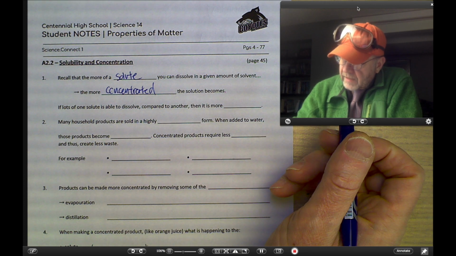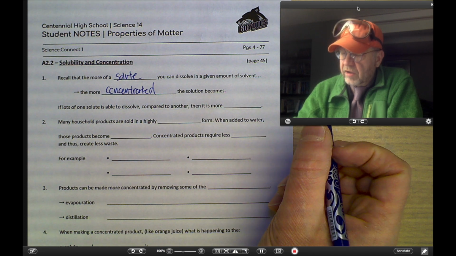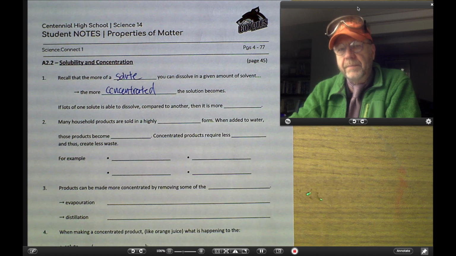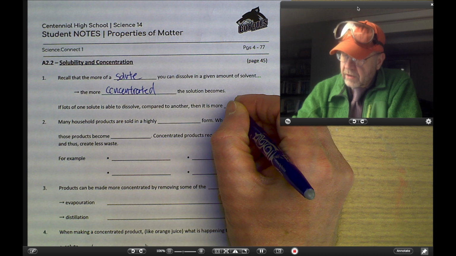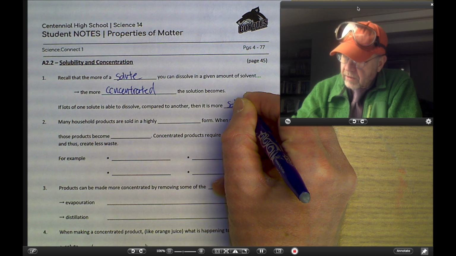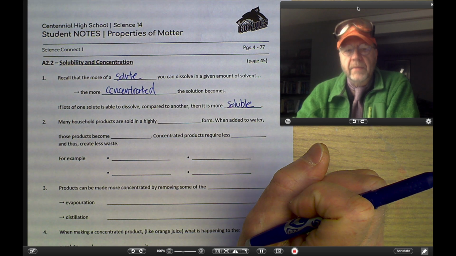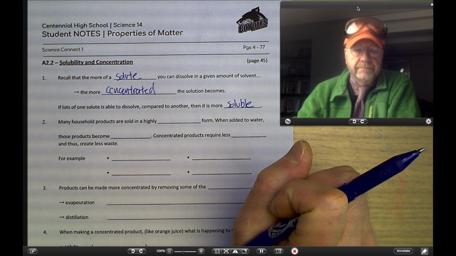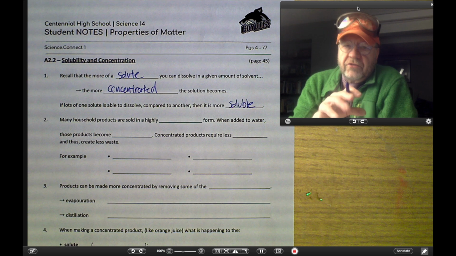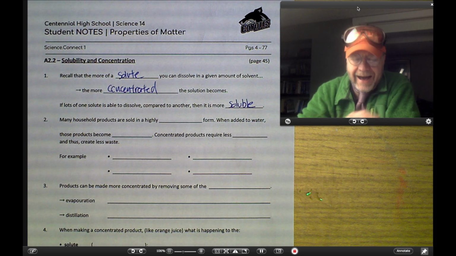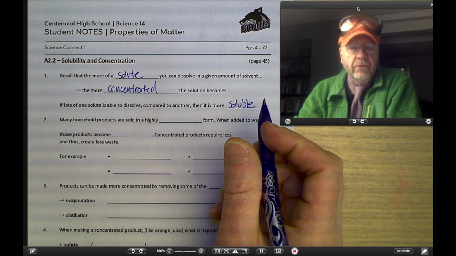If lots of one solute is able to dissolve compared to another substance, we say that substance is more soluble. Soluble is the word that describes how much of it can dissolve. We're worried about concentration and solubility because many household products are sold in a very highly concentrated form.